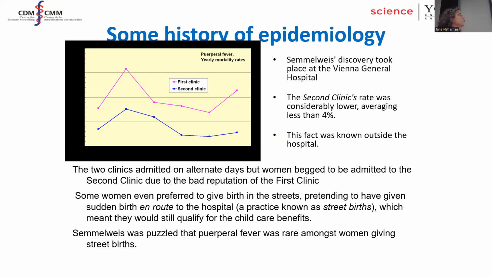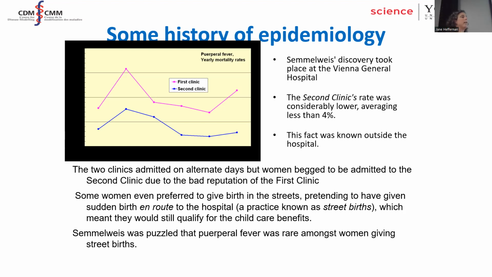What was also very disturbing to Semmelweis was that the community around the hospital knew that this was the case, and these clinics were open on different days. And so if you as a pregnant woman went into labor on a day where the first clinic was open, you didn't want to make it to the hospital in time.